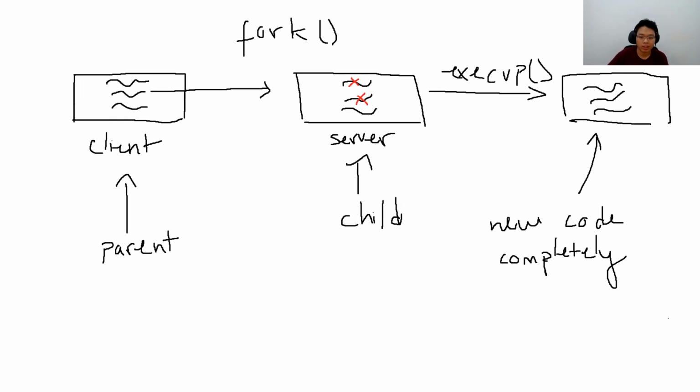So in this case, with execvp, you pass in the server binary, and it will replace the entire code of the child, which was previously the client.cpp, with the server.cpp. So that now you execute the server within the child, and the client is still executing as the parent. Does that make sense?